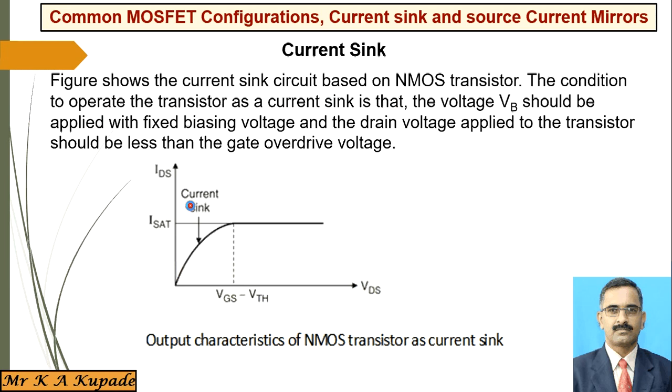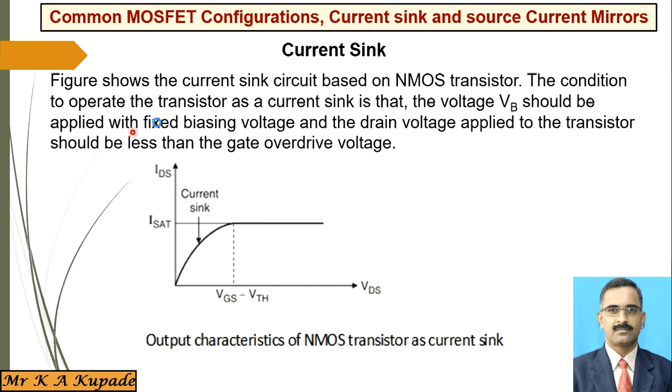Don't be confused here, because for the current sink, the biasing voltage is also considered, which is nothing but the gate voltage, right? The gate voltage should have some voltage to drive that transistor or MOSFET into the on condition, and during that, the current ID should flow.